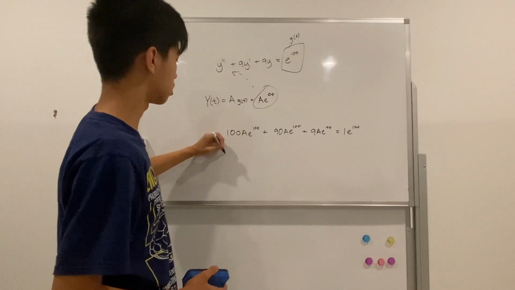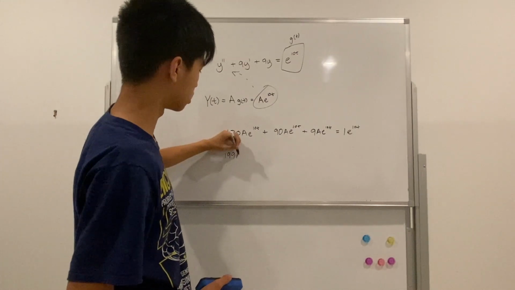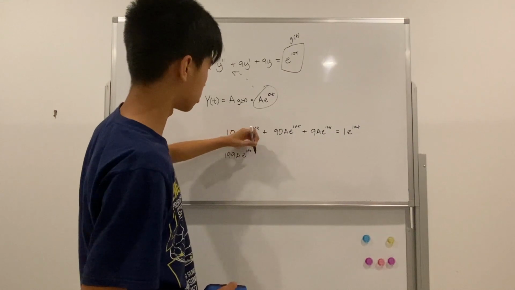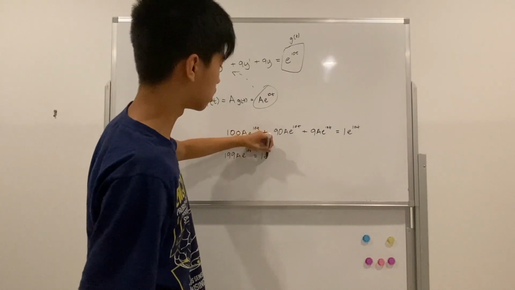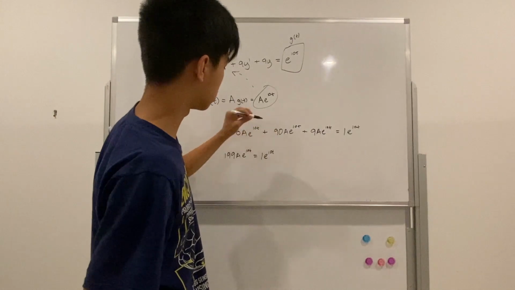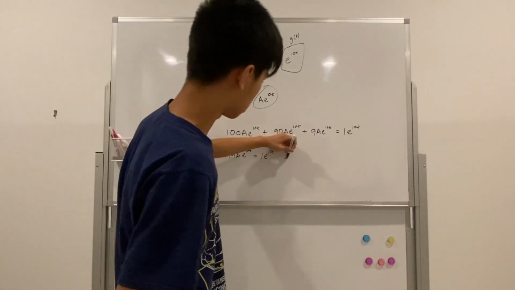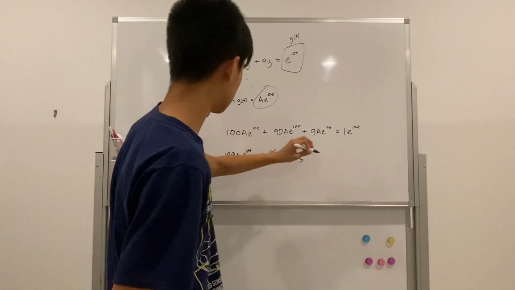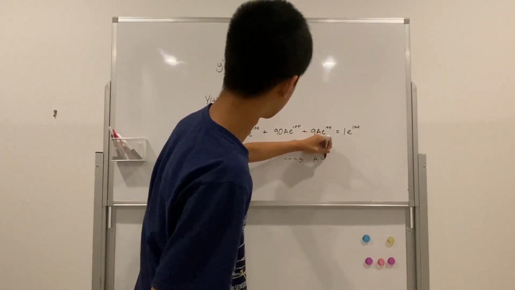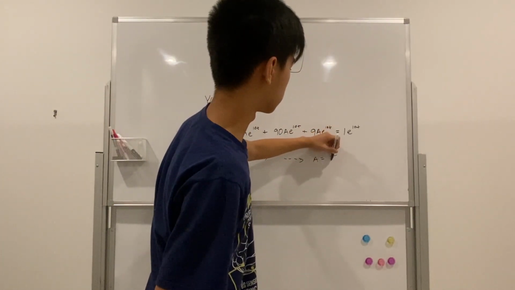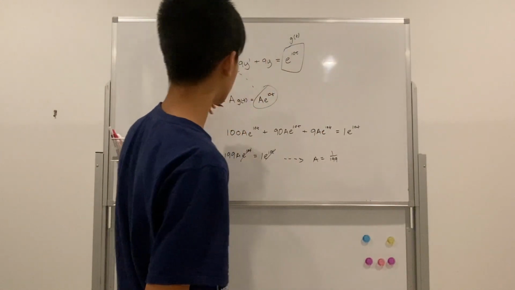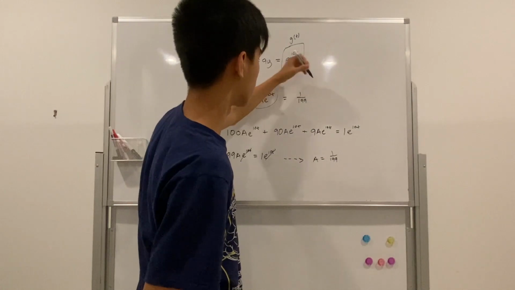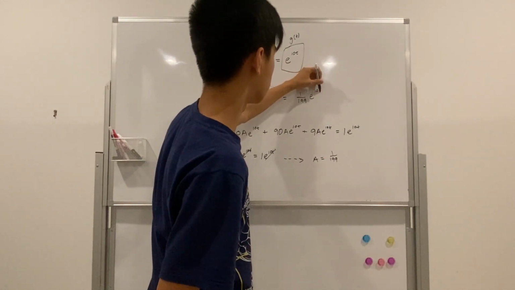So adding these up, you would get 199A times e to the 10t power equal to 1 e to the 10t. If you cancel out the e to the 10t's, you'll find A is equal to 1 over 199. So therefore, our solution is 1 over 199 e to the 10t power.